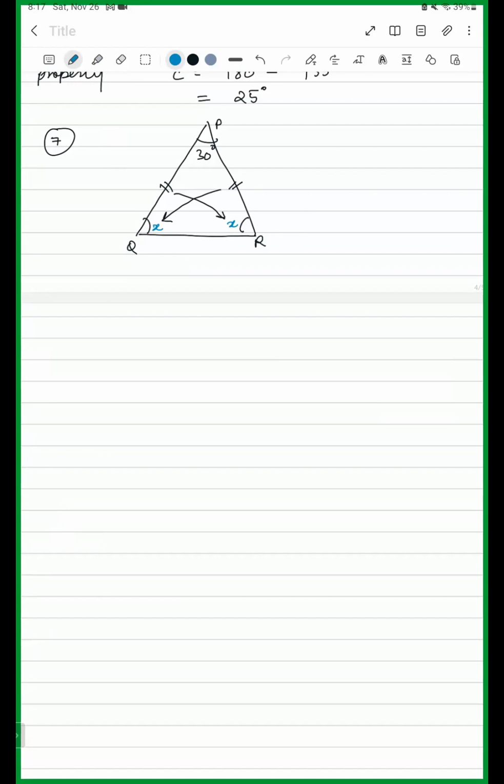It's easy now, right? Tell me, what will it be? It will be x plus x plus 30 gives 180, so 2x plus 30 is equal to 180. 2x is equal to 150. x is equal to 150 by 2.